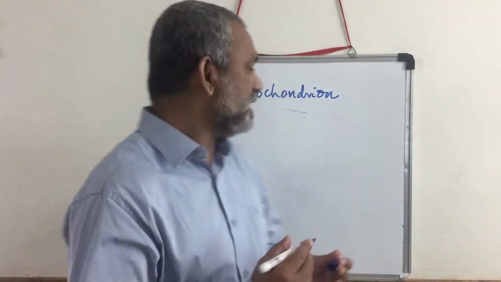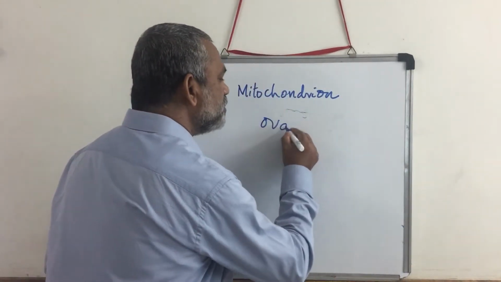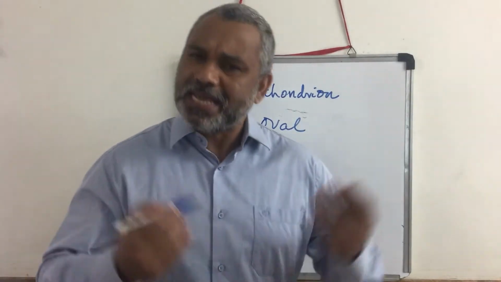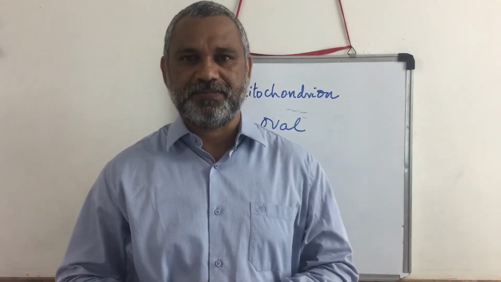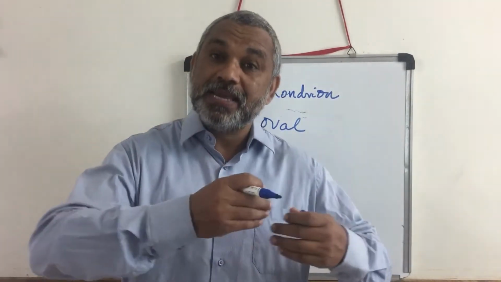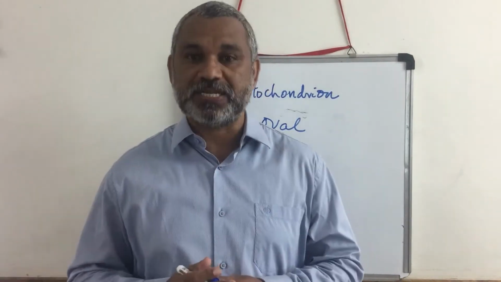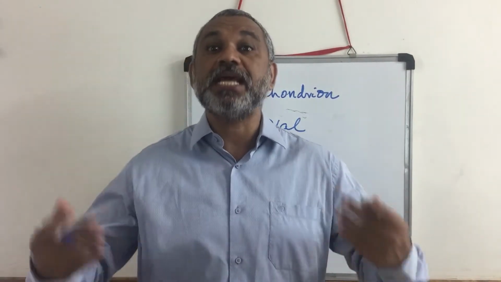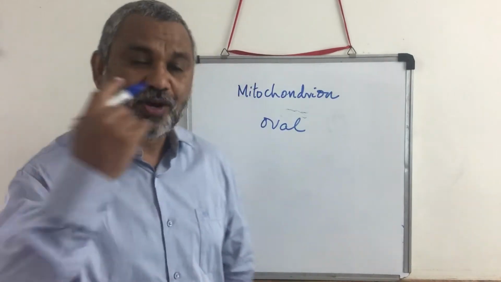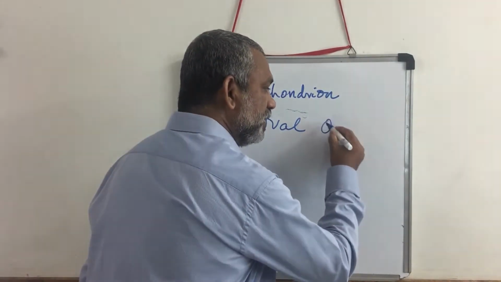If you look at the structure of mitochondrion, it is an oval shaped structure. It can also be rod shaped, and it can be arranged in sequences, so it will take different shapes. Look at the size of the mitochondrion.